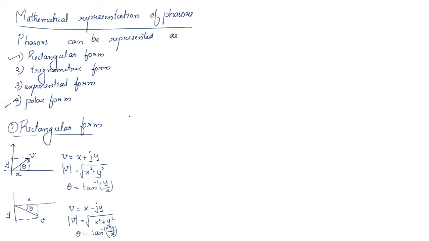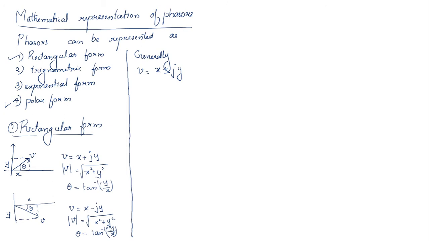So generally we can represent the rectangular form as V is equal to x plus or minus jy. Plus comes when the phasor is in the upper quadrant, or in the first quadrant, and minus comes when it is in the downward direction, or we can say in the fourth quadrant.